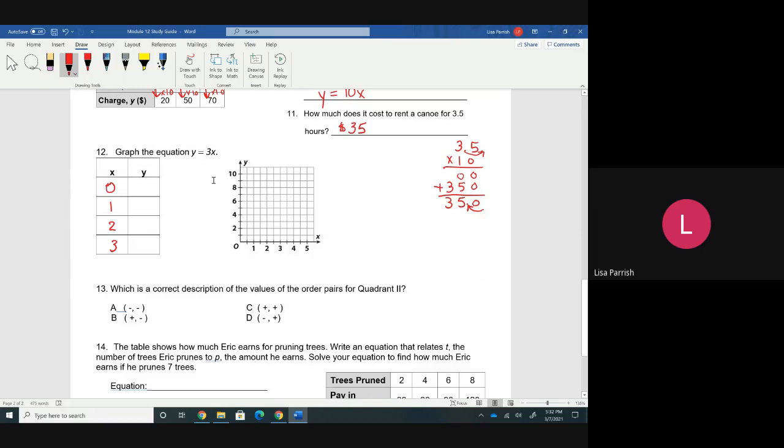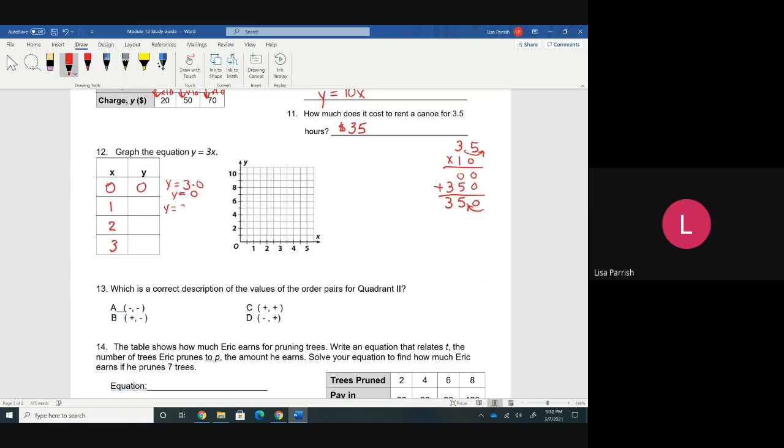So go to the side. On your paper, you should have worked this one out. So y equals 3 times x would be 3 times, what is my x value? It's 0. And what is 3 times 0? 0. So that one's going to be 0.